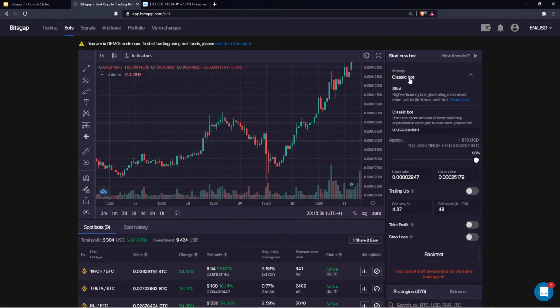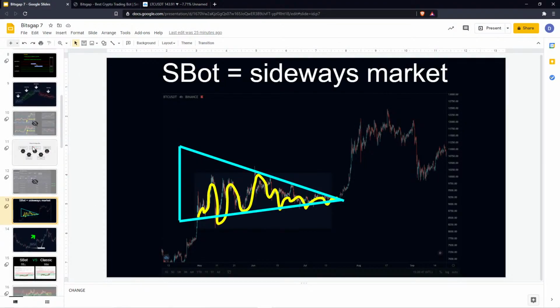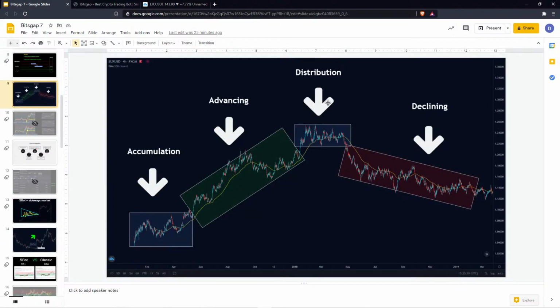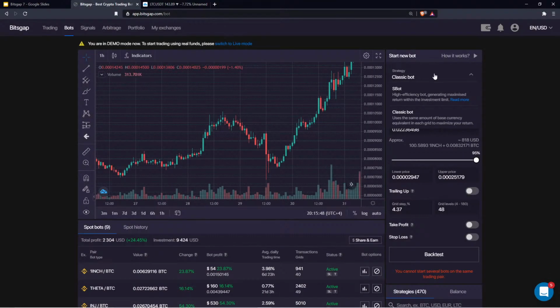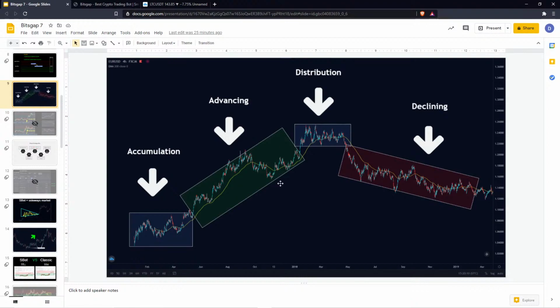Long story short, the SBot is optimal for the periods of accumulation and distribution, whereas the classic bot is optimal for the advancing market phase, because that's the best phase for the classic bot to generate returns.